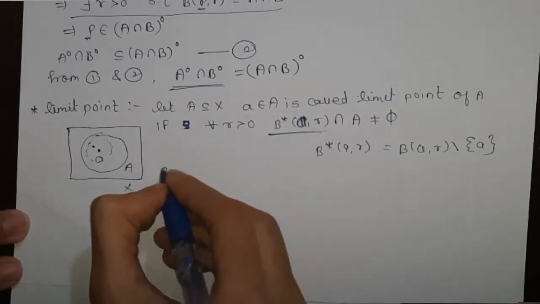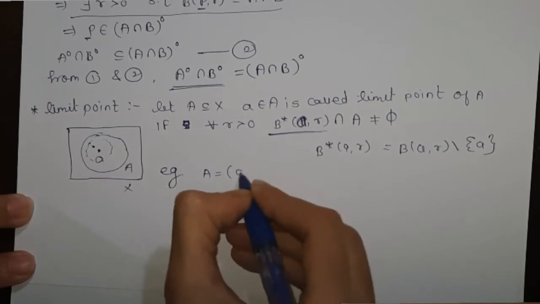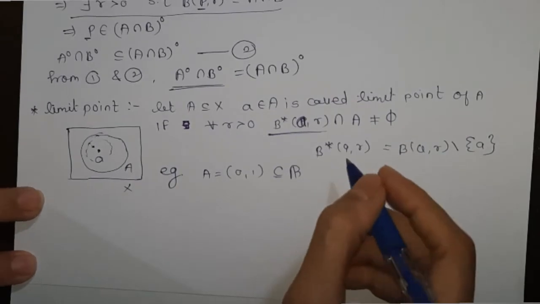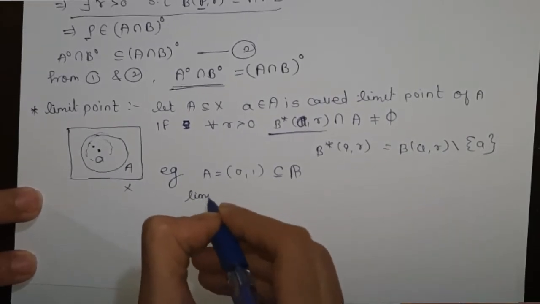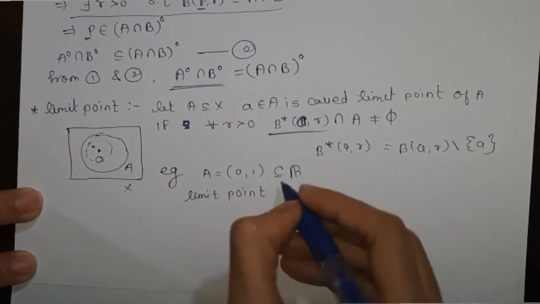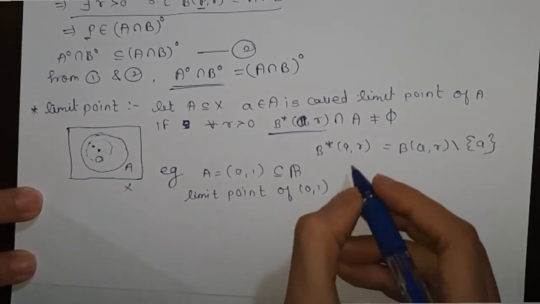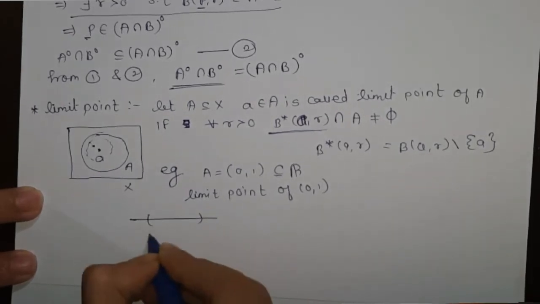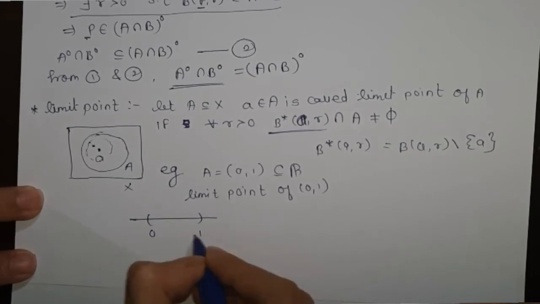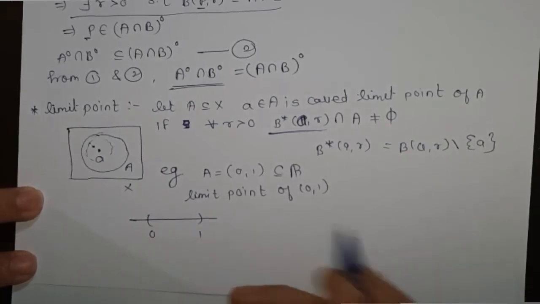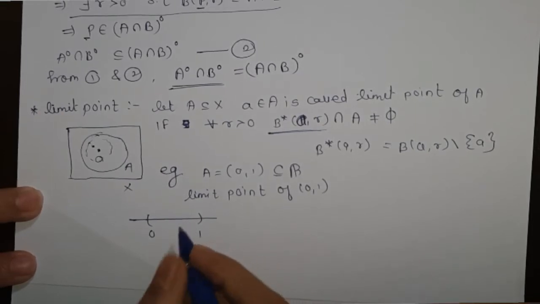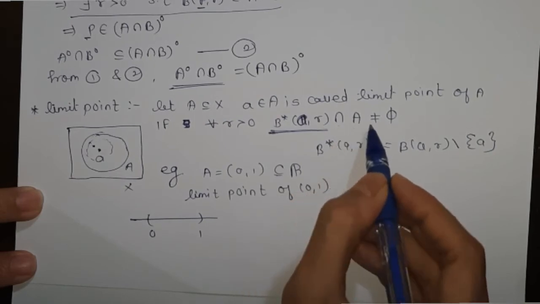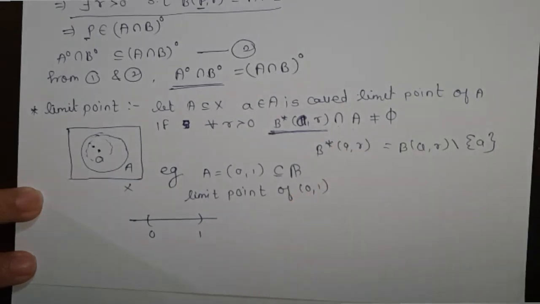Now let's look at the example. A is equal to the open interval (0, 1), which is a subset of R. Then what is the limit point of this set? See, in (0, 1), 0 and 1 are not included in this set. And what we have to prove is that B star (a, r) intersection A is non-empty, meaning at least we get one point.